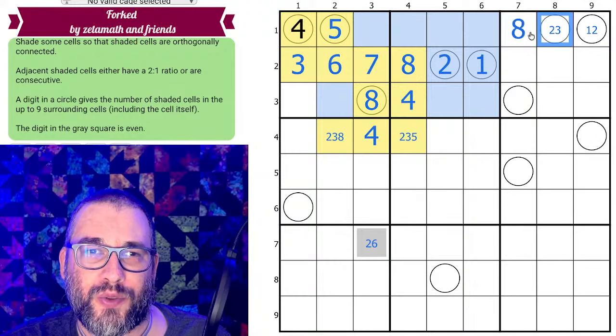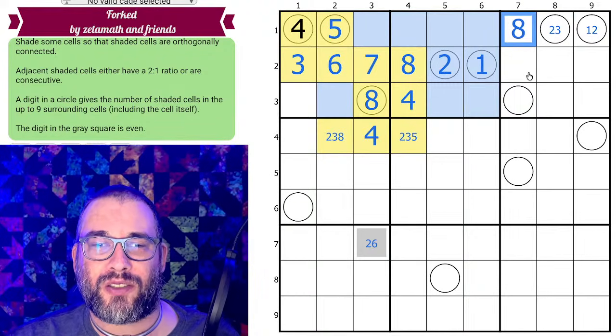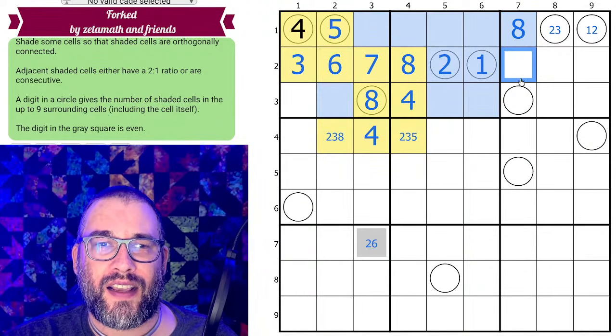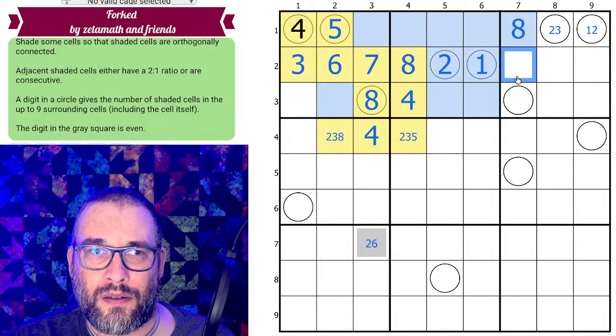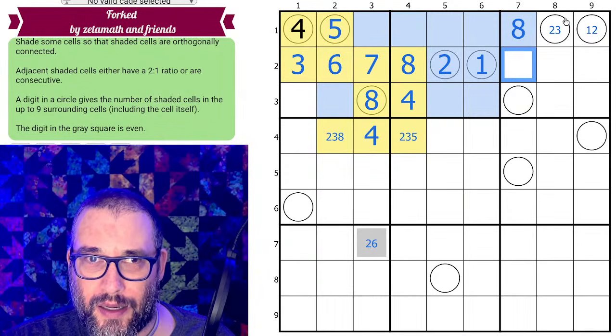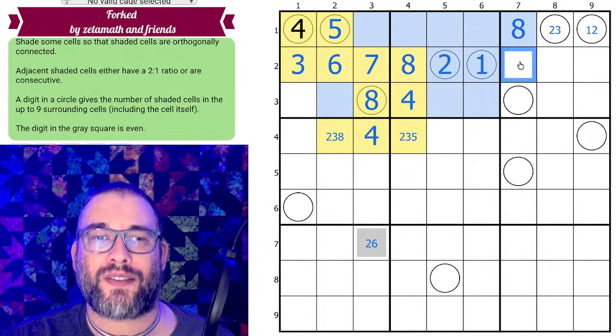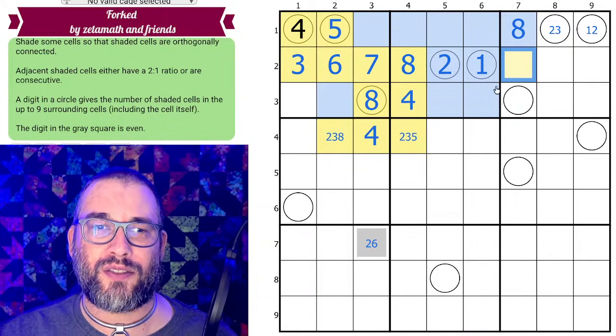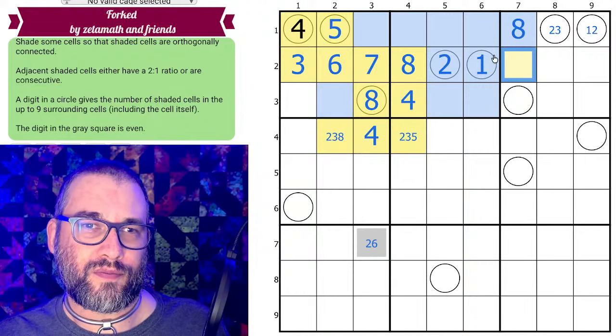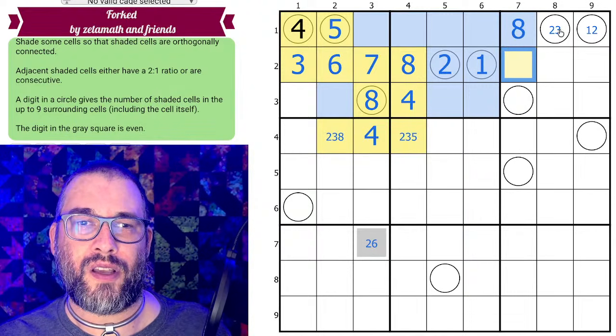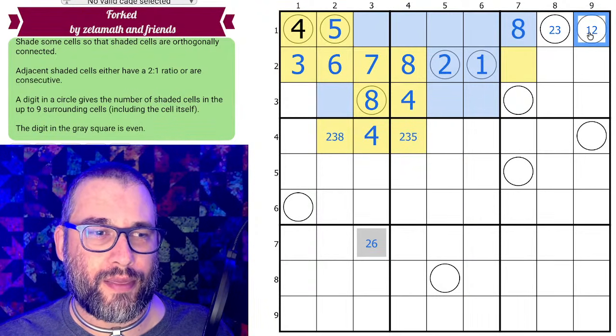And if it got out this way, these two can't have a relationship. So this is not shaded, and this one is shaded because, again, for this circle not to be the same as that circle, we have to have one of these cells shaded. So this one is shaded. And this is exactly one more than this.